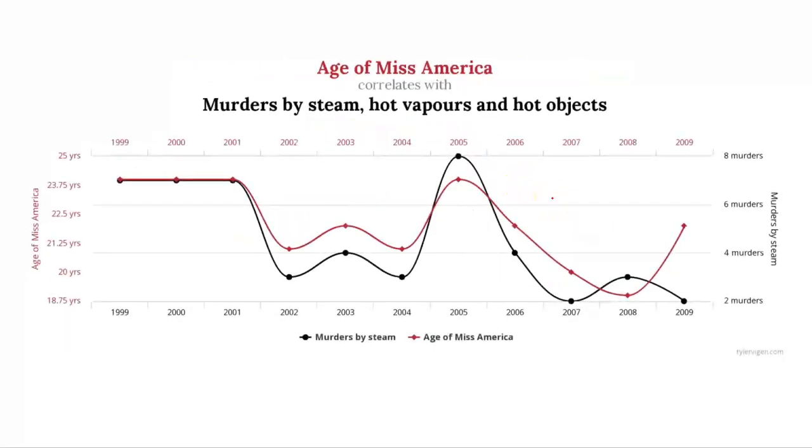Okay, there is a strong correlation between the age of Miss America and murders by steam, hot vapors and hot objects. So again, a very false interpretation of this would be, man, if we can just get Miss America to be younger always, we can save lives by steam, hot vapors, and hot objects.